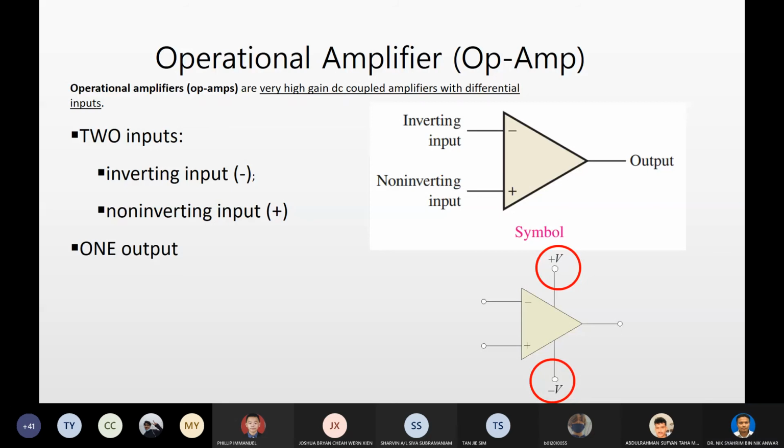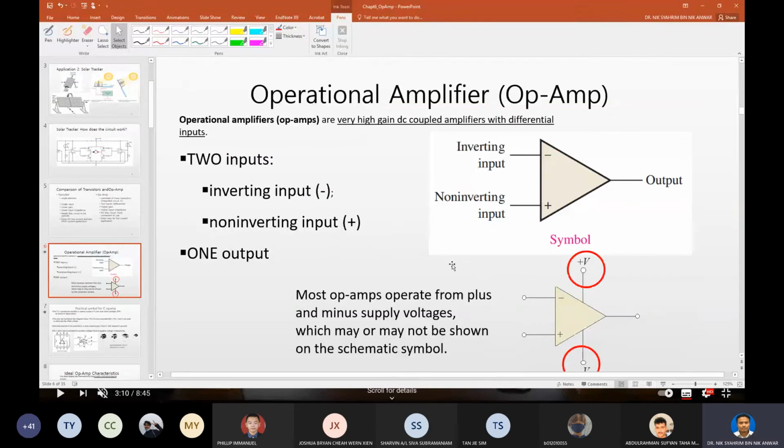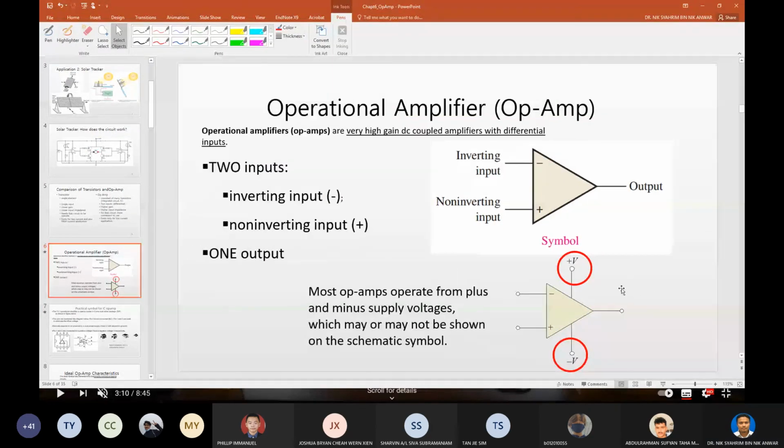So this is again the symbol, and again you have the positive supply, the negative supply, and then we call this one the inverting input because it has a negative, and the positive one is a non-inverting input.